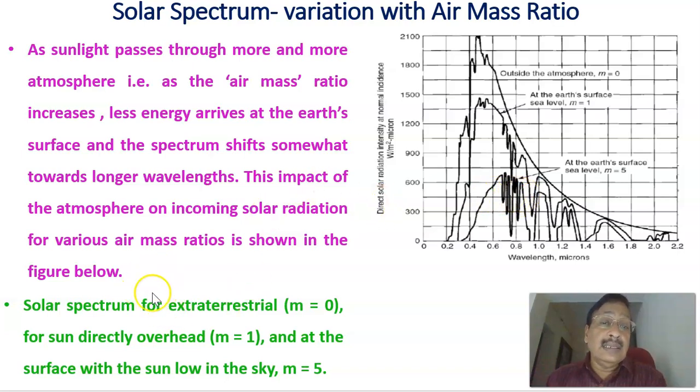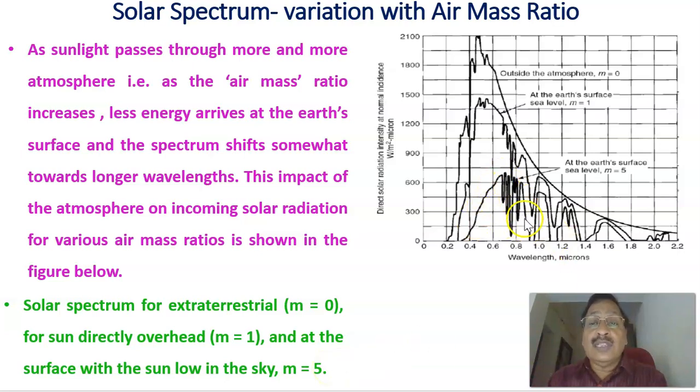Therefore, the solar spectrum for extraterrestrial, that is m equal to 0, the solar spectrum for the sun directly overhead, m equal to 1, and at the surface with the sun low in the sky, when m equal to 5, where the air mass ratio is large.